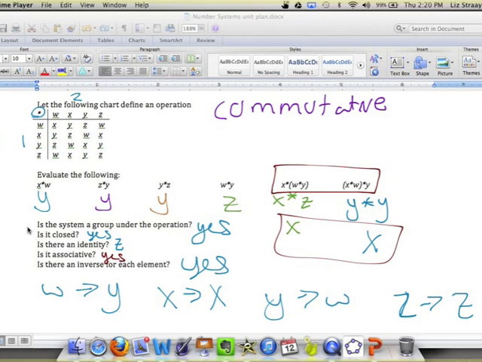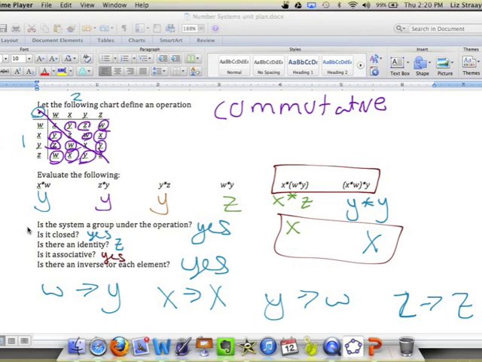Okay? The easiest way to tell in a chart if it's commutative is to go down the diagonal and see then does everything else reflect. So Y, Y, Z, Z, W, W, W, W, X, X, Y, Y. Could I fold it on that diagonal and have everything match up?